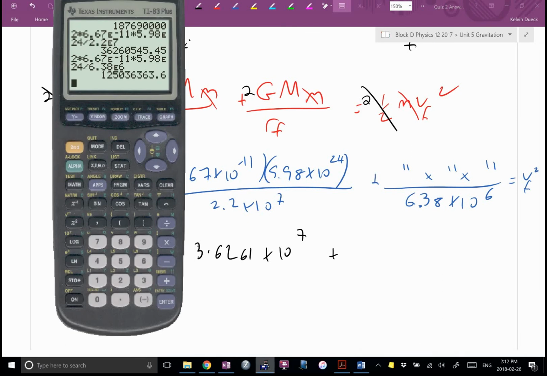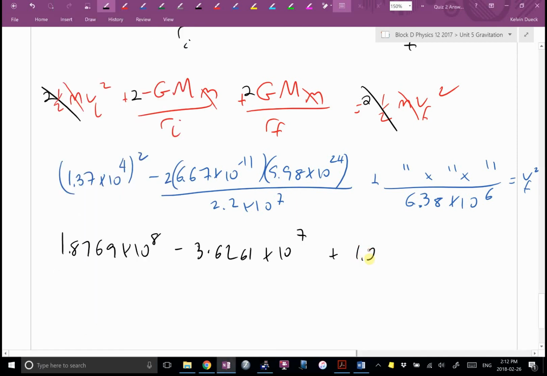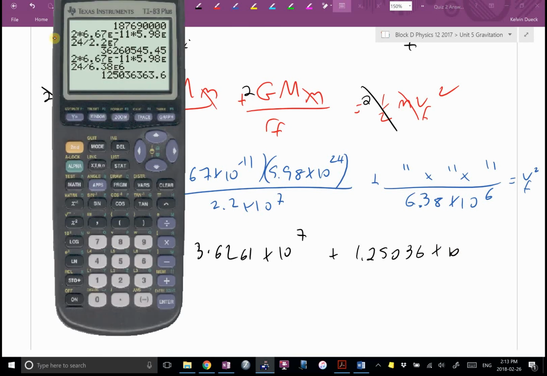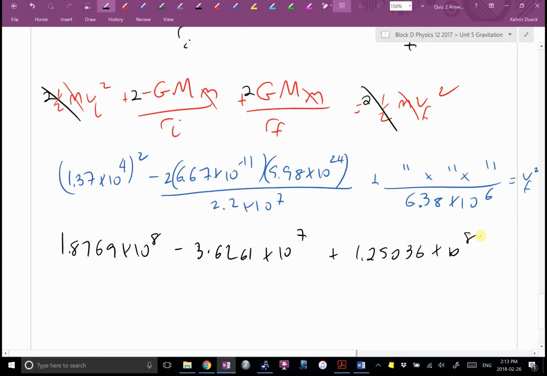You get positive 1.25036 for that third term, and that's going to be times 10 to the 8th. And that equals, I think, just V final squared, right?